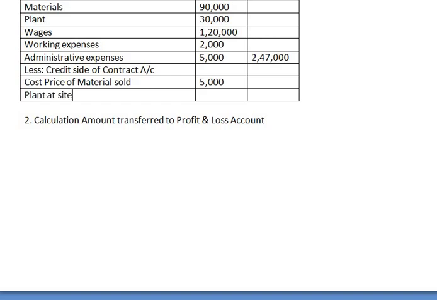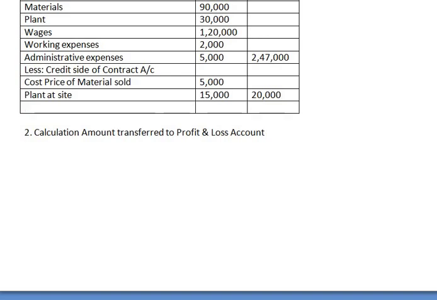Plant at site amount is 15,000. Make a total and take it to the outer column, and the total is 20,000. Now deduct it from debit side total, so that will be 2,27,000. Understanding?